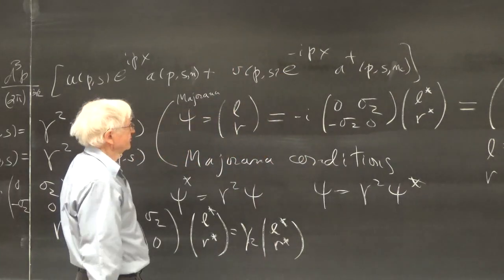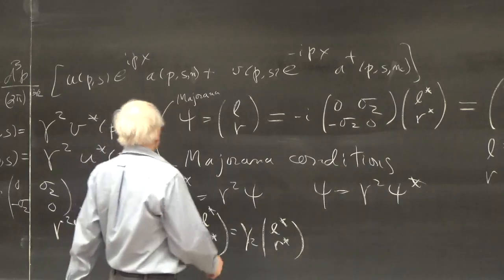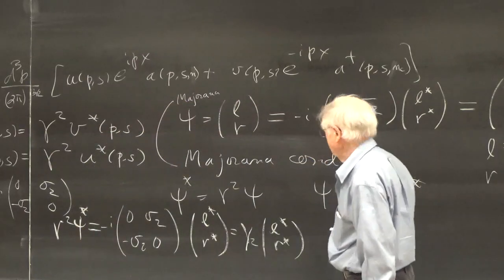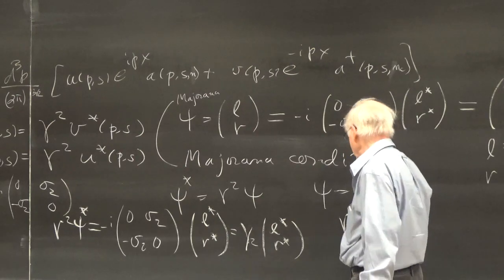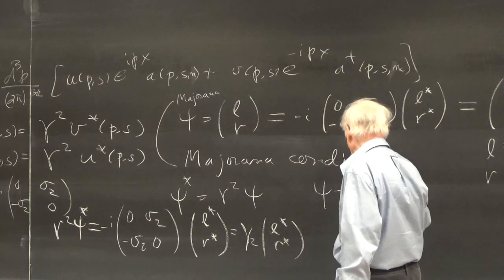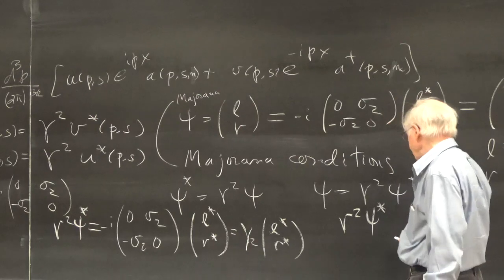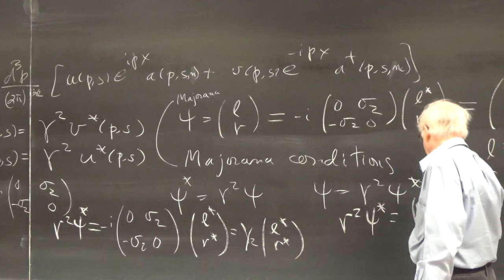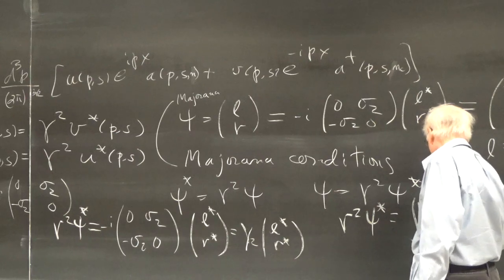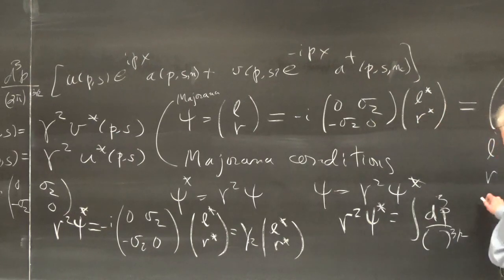And maybe I should do this again. Let's write γ² ψ* for the Majorana case. This will be the integral d³p over (2π)^(3/2).